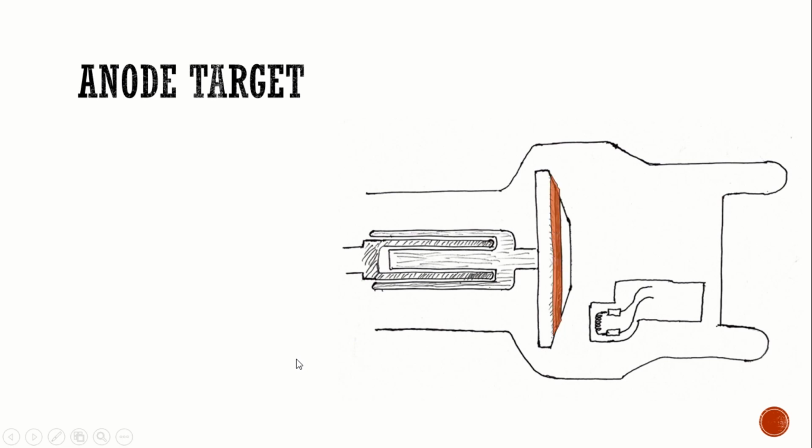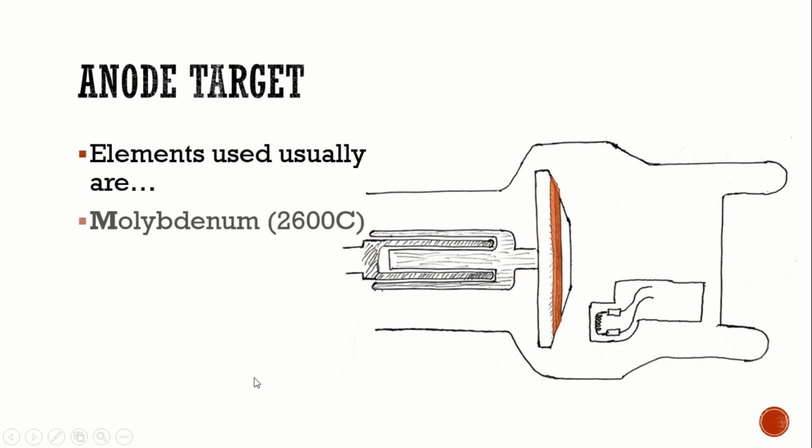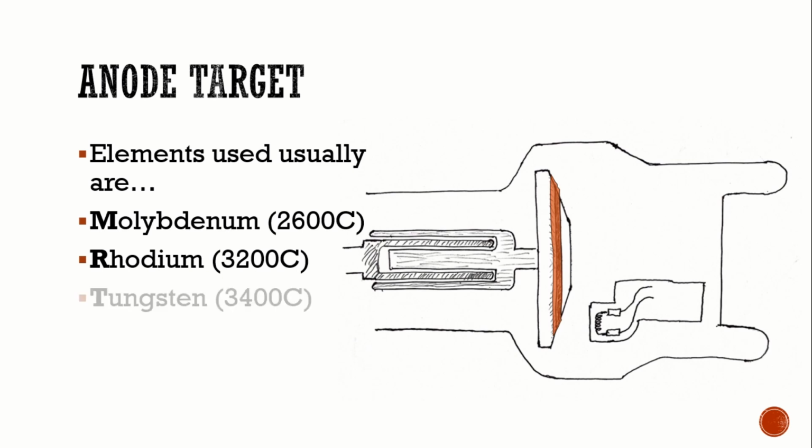The anode target is usually composed of the following elements: molybdenum, which has a melting point of 2600 degrees Celsius, rhodium, 3200 degrees Celsius, and tungsten, 3400 degrees Celsius. So tungsten has the highest among the three. So take note, you may remember it easily using the acronym MRT.